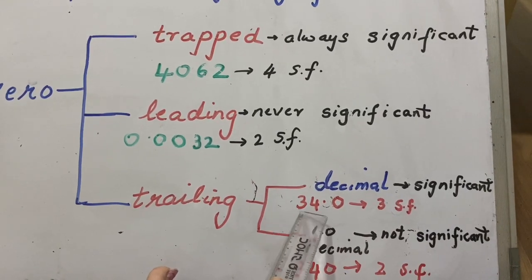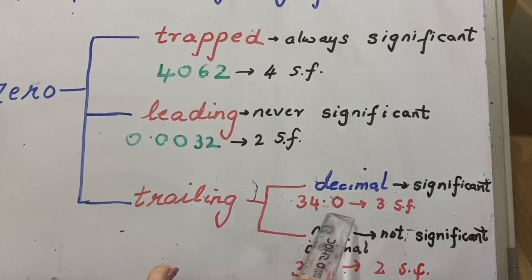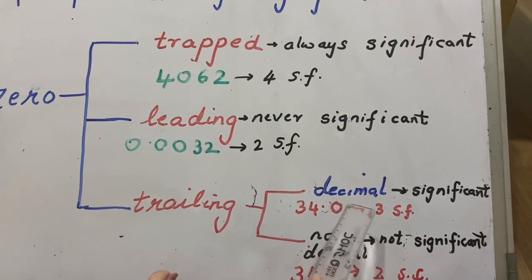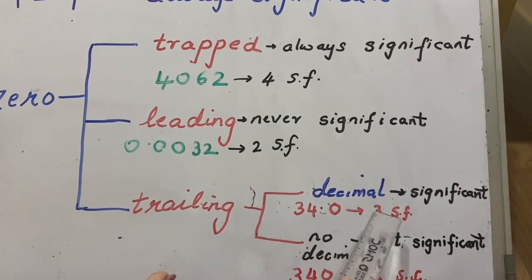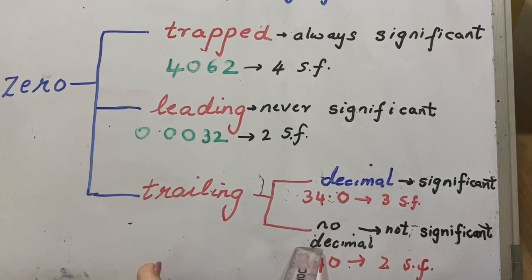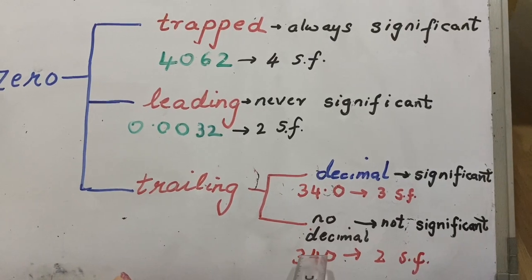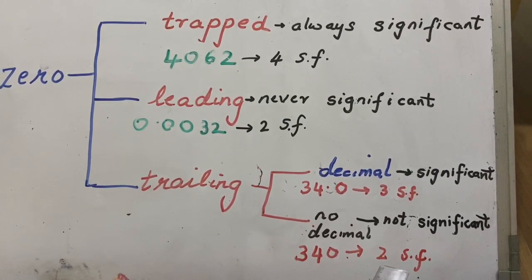For example, 34.0. So this is a trailing 0 with a decimal. So it will be significant. So we will say it is 3 SF. If it is without a decimal, there is no decimal, then it is not significant. So 340, we will say it is 2 SF.